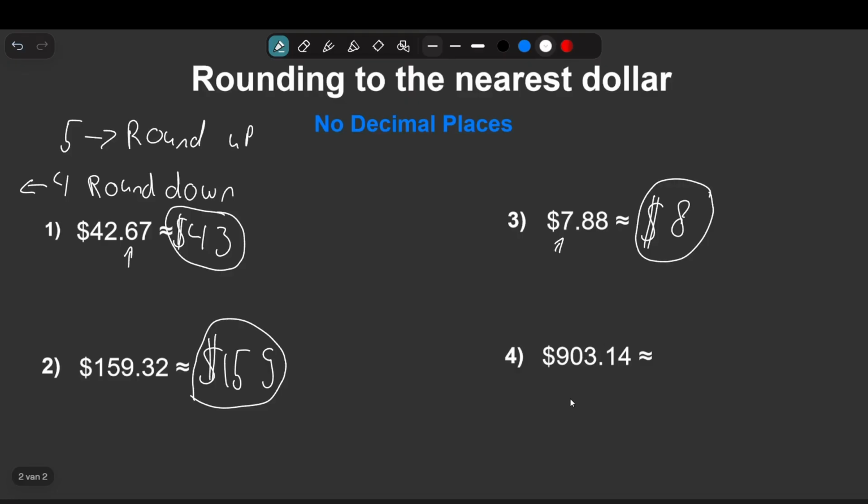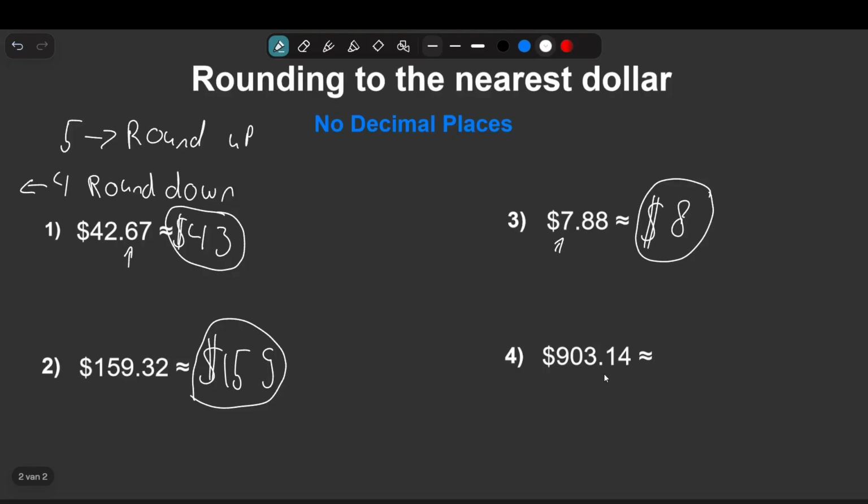Now for our last example, we have $903.14. What we're going to do again is look at our ones place. For our ones place, we have a 3. Again, we're going to look at if our number is closer to 903 or 904. So we're going to look at the tens place. In the tens place, we have a 1.